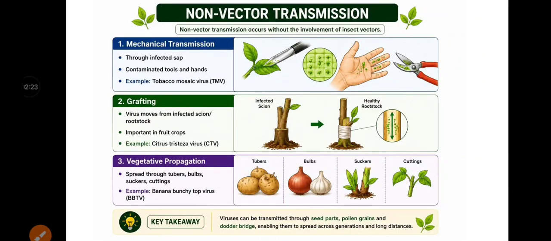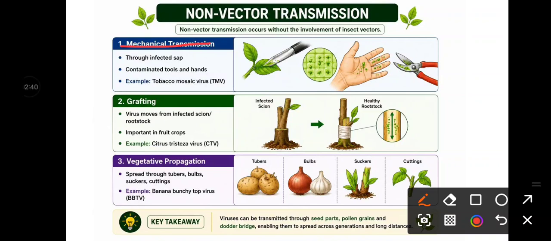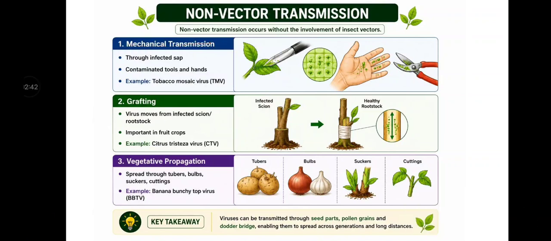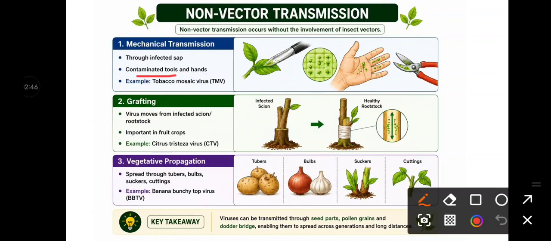First, the non-vector mode of transmission, which means without any biotic agent, viruses are transmitted from one plant to another. The first one is mechanical transmission. Mechanical transmission occurs by contaminated tools, hands or contaminated equipment.